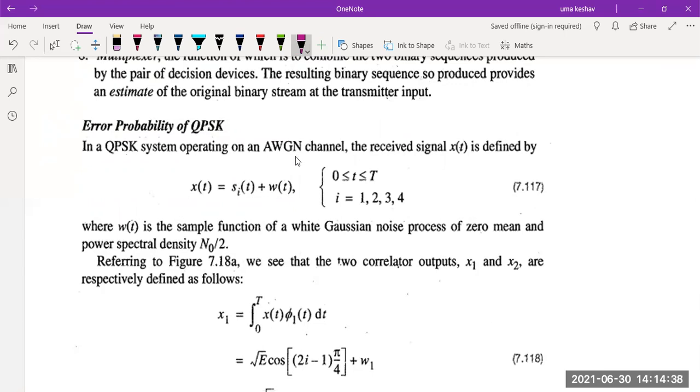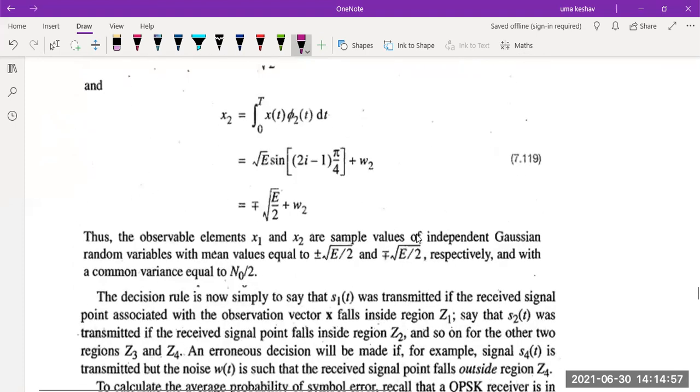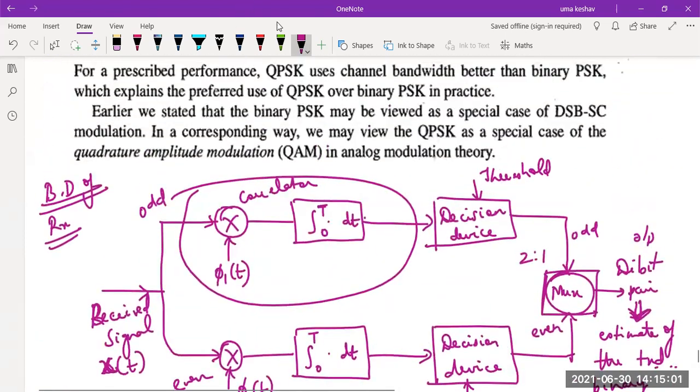We know we have an AWGN channel. The received signal is the sum of the transmitted symbol plus additive white Gaussian noise. As usual, i ranges from 1 to 4 and t lies in the range 0 to capital T. Then we have the two correlator outputs X1 and X2. See here in the block diagram what we have drawn.